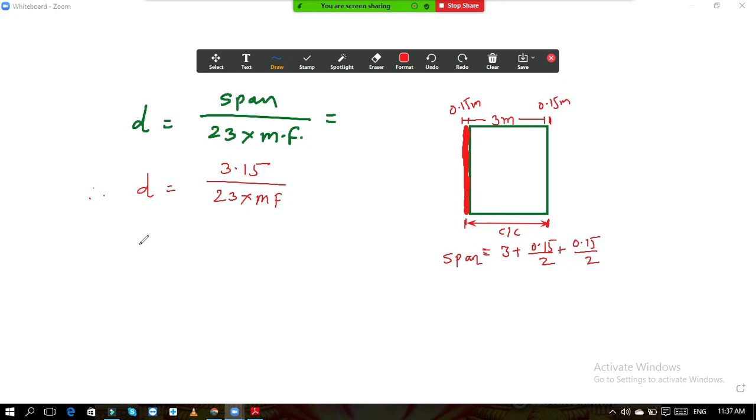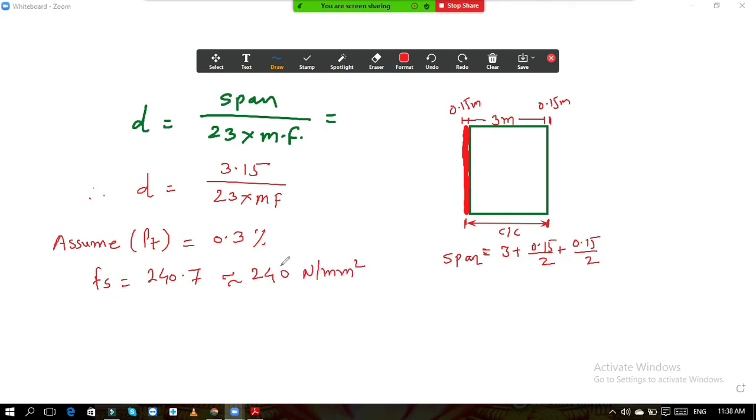So now we will assume 0.3% of steel. Here I will write: assume percentage of steel Pt as 0.3%. Now calculate the value of fs. The formula is given below figure number 4. That value works out to be 240.7, which is nearly equal to 240.